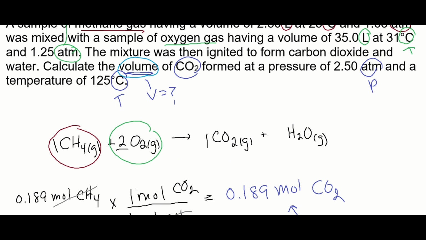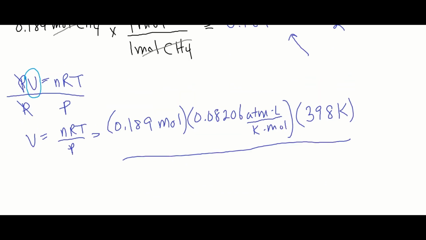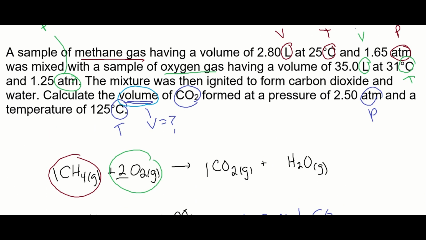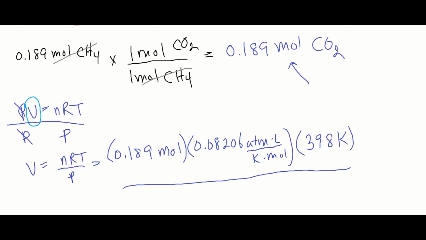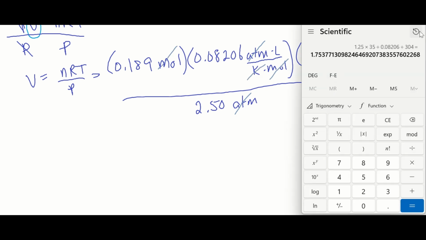Temperature, 125. We need to add 273 to that. 398. And all that's going to go over the pressure, which was also given to us, right here, 2.5. All the units, except for volume, are going to cancel out. Let me find my stored number.